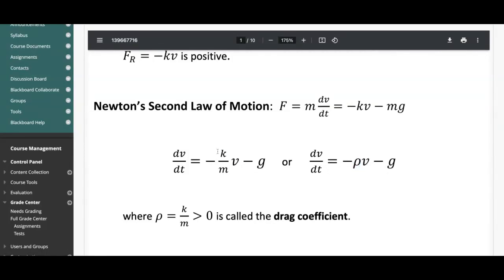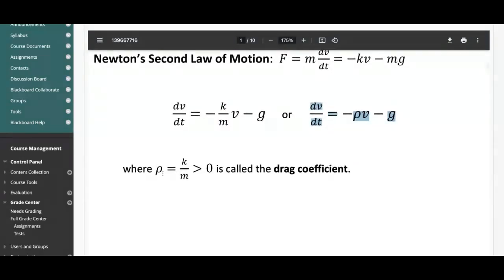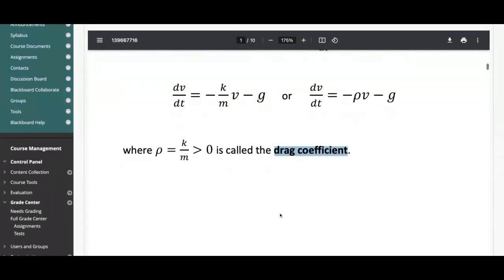Rho represents k divided by m, because k and m are two variables, so we use another dummy variable to represent this ratio. So rho itself is positive: k is positive, and mass is positive, mass will never be measured negatively. It's called the drag coefficient. If you want to remember this, that's fine. I never remembered it.